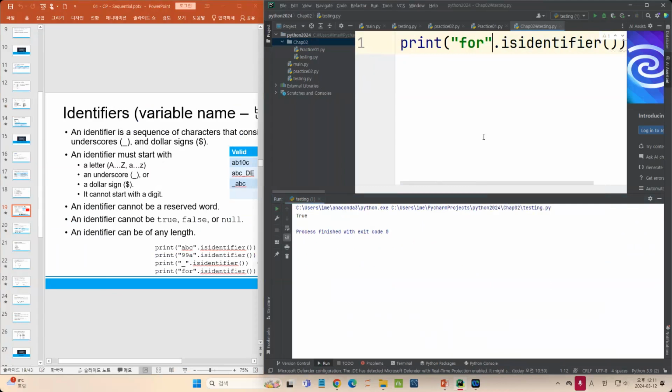Why? Because this function checks only based on the characters and numbers. It does not check based on the reserved words in Python. Okay. So this reserved word, what I taught you before, make sure that you know if something is in bold, then it is a Python keyword.